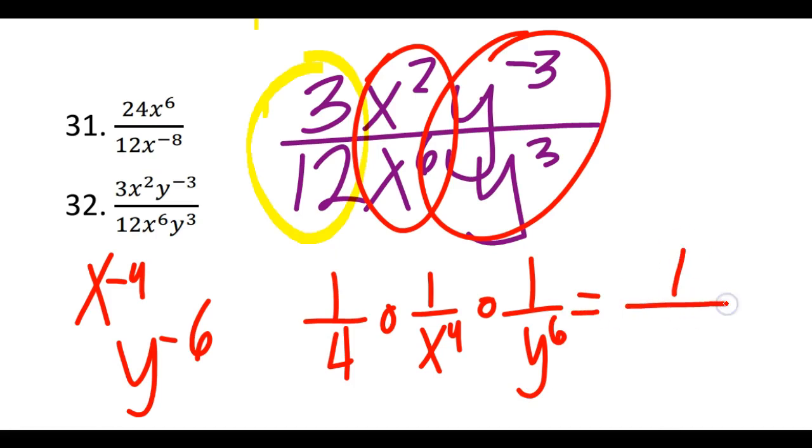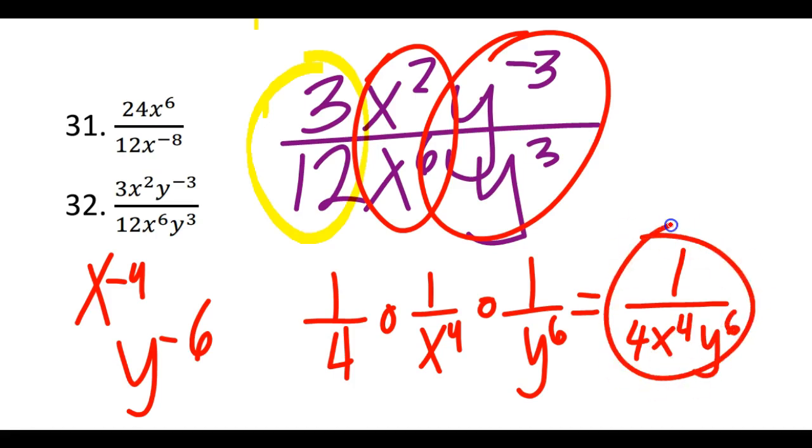And you get 1 over, you just got to say it all together. That's all you got to do. 1 over 4 times x to the 4th times y to the 6th. Yes, that's correct. And that's your answer. That's it.